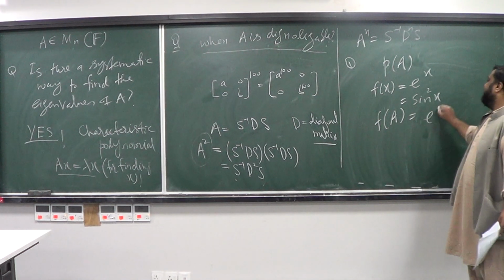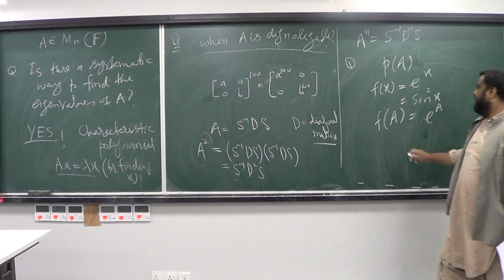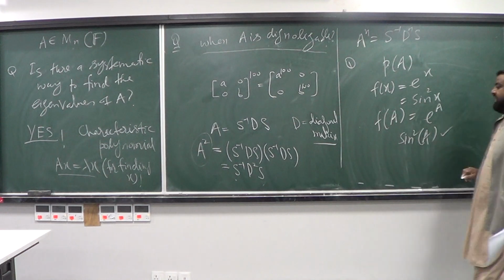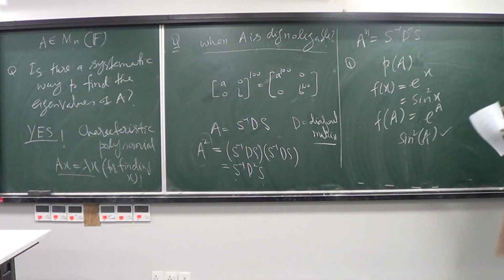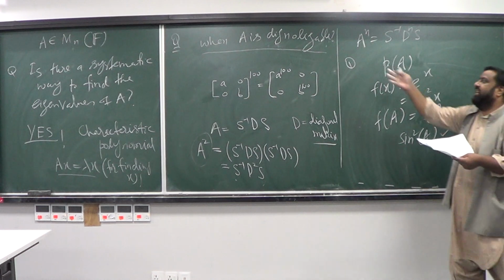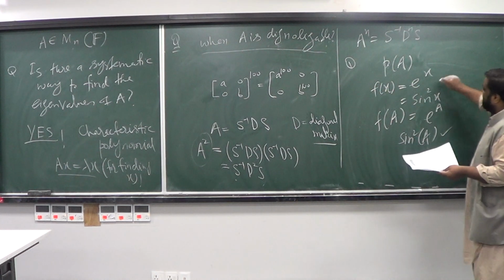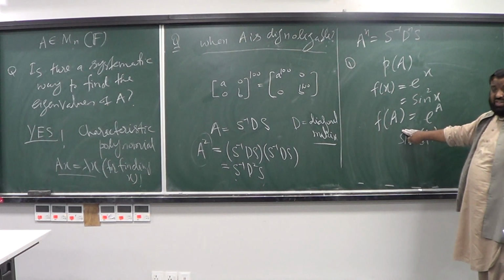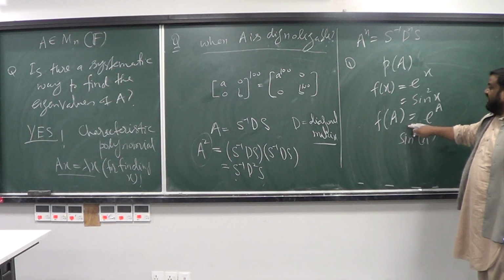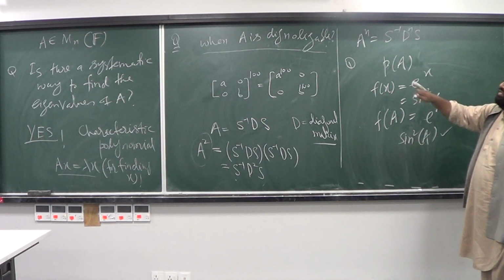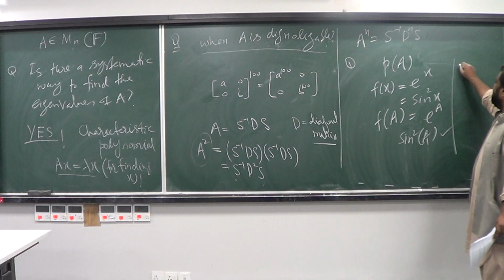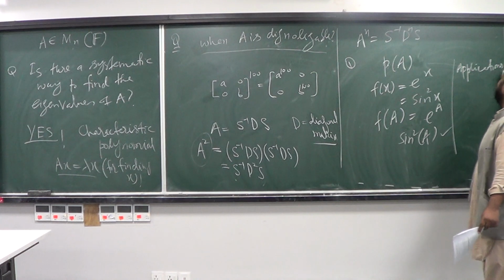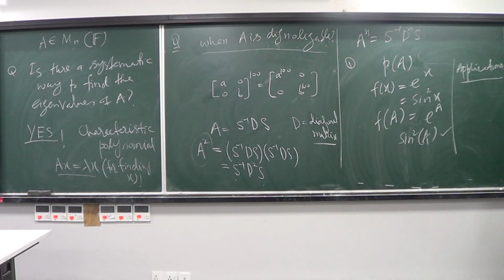In other words, if e to the A is some object, is sine squared A a valid object? We're going to see that if your matrix is diagonalizable, you can even do functional calculus with matrices. All these are going to make sense if A is diagonalizable. And we will see some applications of diagonalizability as well.